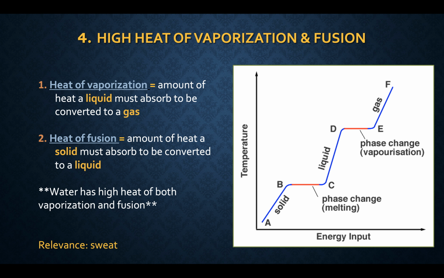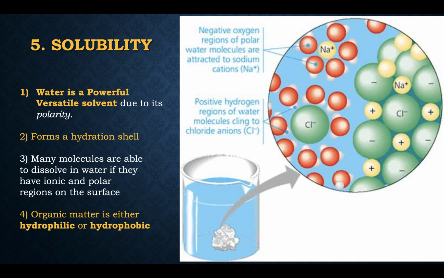And when that water evaporates away, it takes all of that heat energy with it out of your body. So without sweat, your body would hold on to all of that heat energy. So this is one mechanism by which organisms like humans utilize the high heat of vaporization to provide homeostasis.